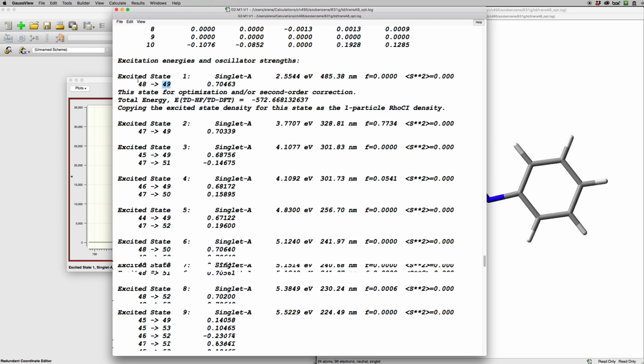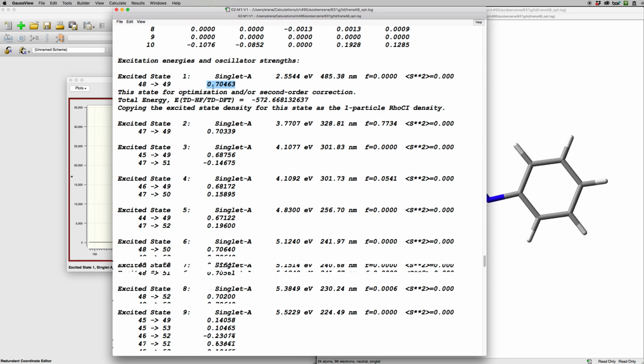So you can see that orbital 48 is the HOMO or highest occupied molecular orbital of the system, and orbital 49 is the LUMO, which is the lowest unoccupied molecular orbital of the system. The coefficient that's beside this hole particle pair, it's telling me the contribution of this hole particle pair to the excitation.